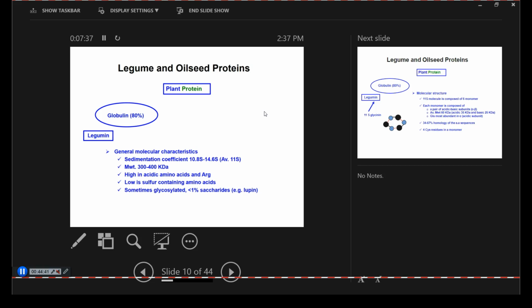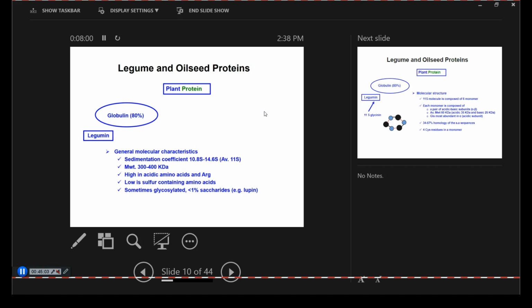The molecular weight also varies between the different subunits. We'll talk about how there are different subunits that can form the legumin polymer. So that would make the molecular weight vary as well between 300 to 400 kilodalton. So it's a really large polymer.